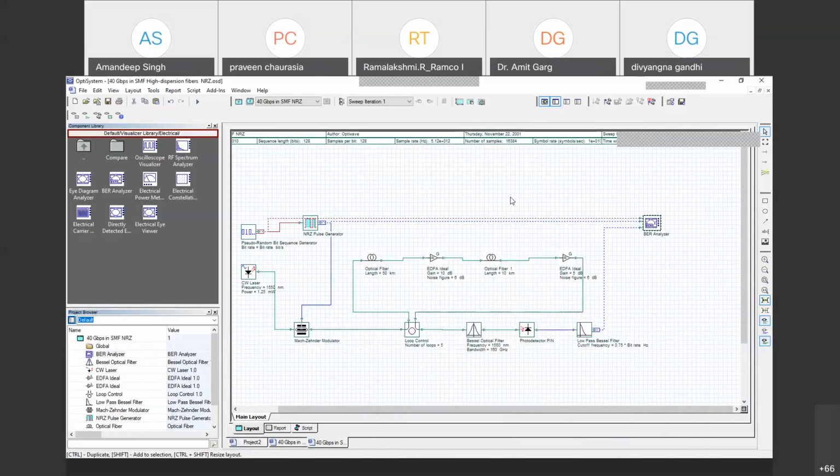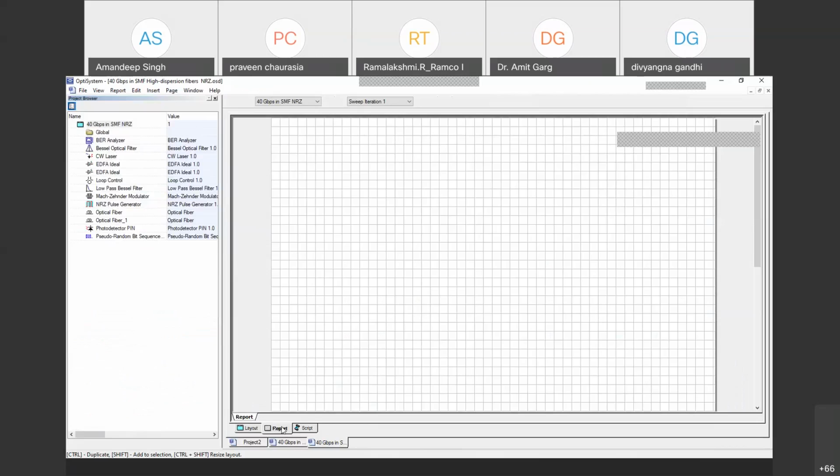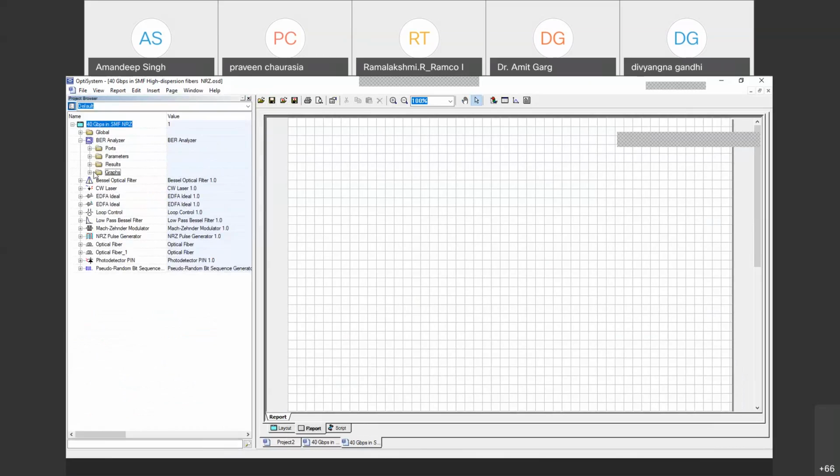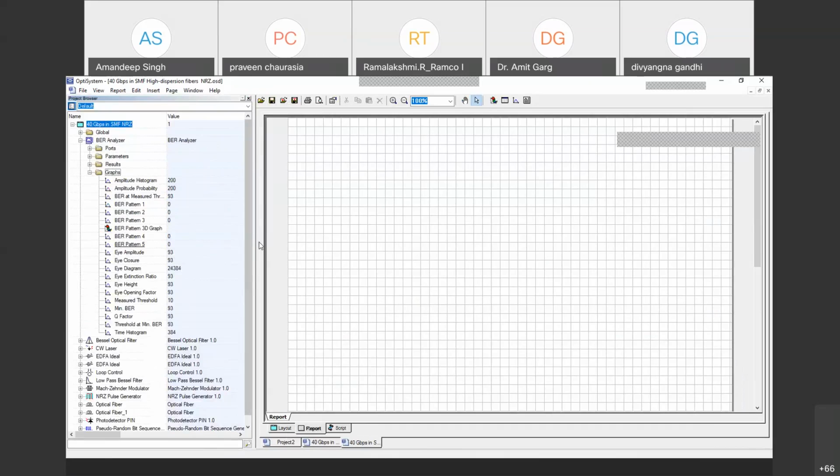For further comparisons, you can check out this report format. You can drag and drop the various calculations here.